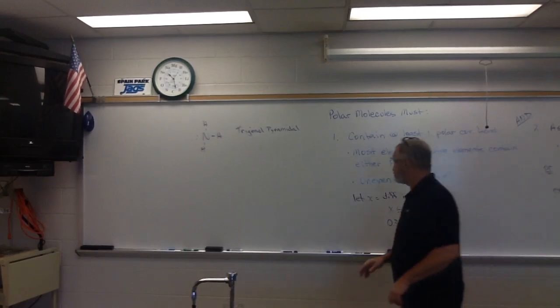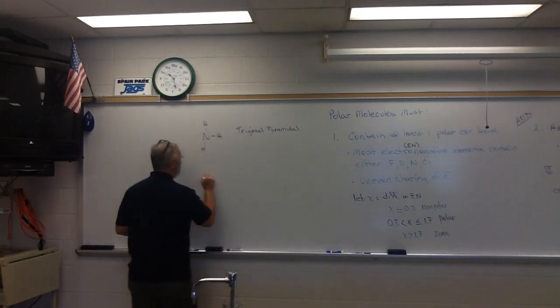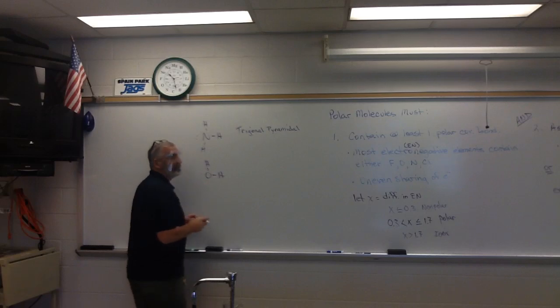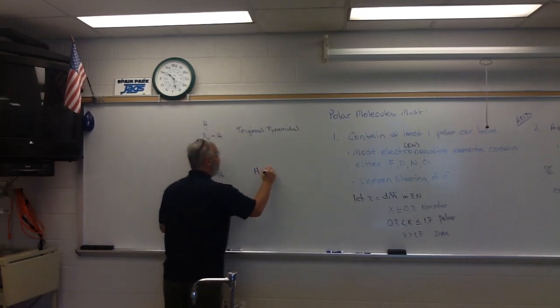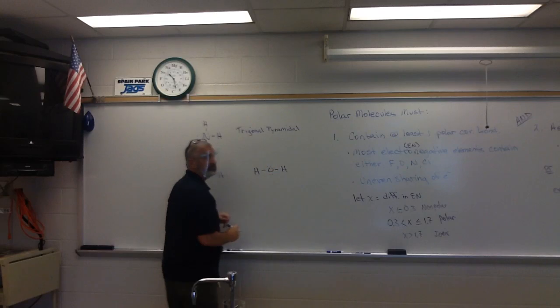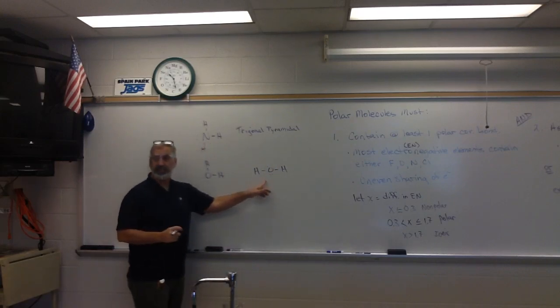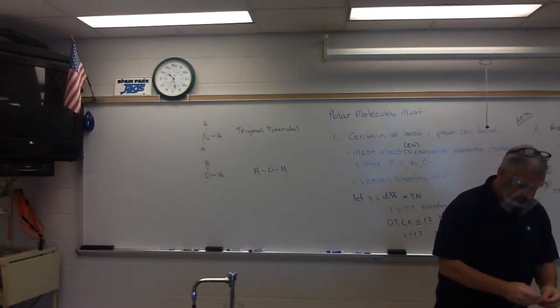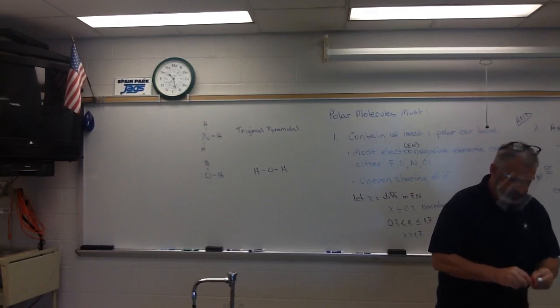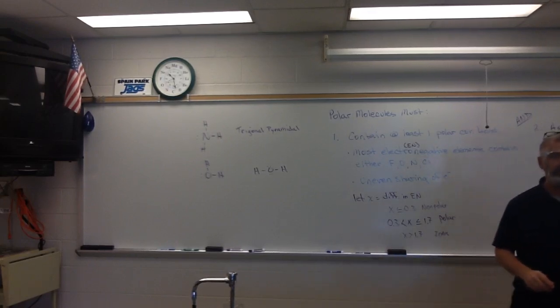Even water. When we talk about water, sometimes we do this, because what's the shape of water going to be? AX2E2 has always been, right? But you can still draw the Lewis dot structure to look like that. That's 100% fine Lewis dot structure. But we know AX2E2, it's bent. So the reality is when you're looking at water, you can be looking at it bent, or you can be looking at it with no depth perception as linear.